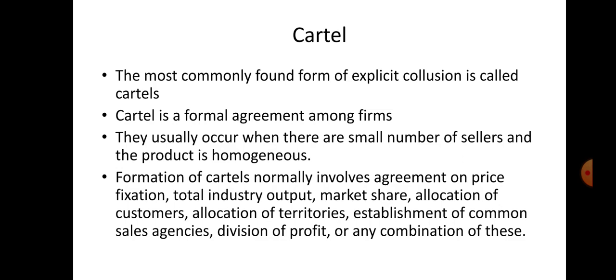Then the next concept is cartel. The most commonly found form of explicit collusion is called cartels. A cartel is a formal agreement among firms. They usually occur when there are a small number of sellers and the product is homogeneous. The formation of cartels normally involves agreement on price fixation, total industry output, market share, allocation of customers, allocation of territories, establishment of common sales agencies, division of profit, or any combination of these.